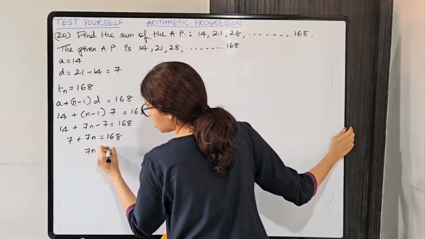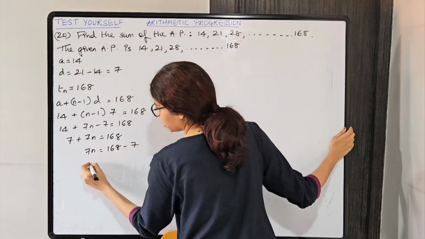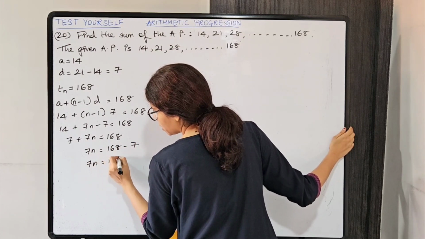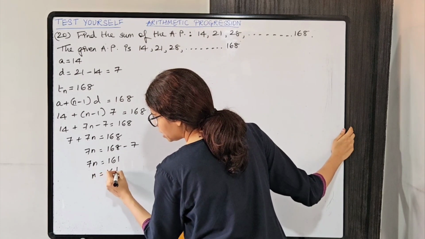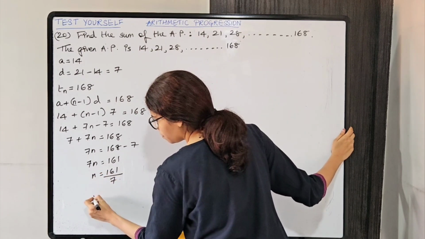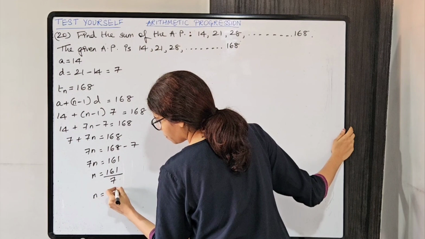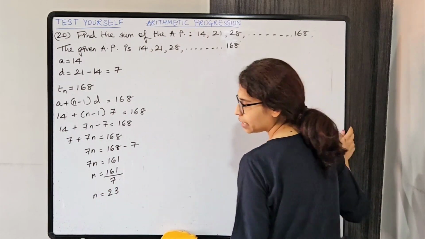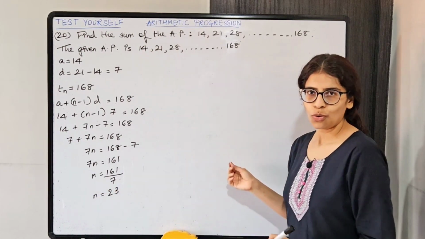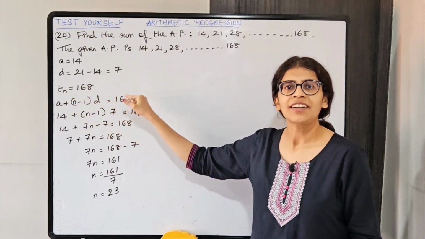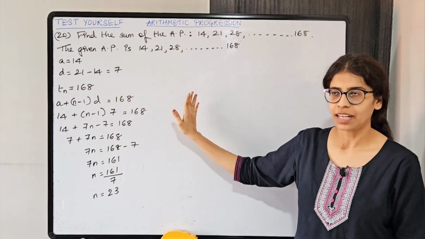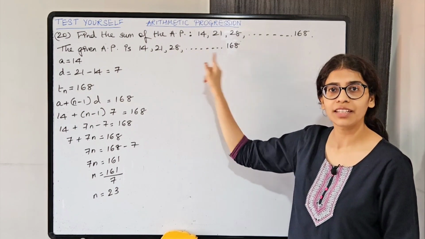So 7n is 168 minus 7, that is 161. Okay. So n is 161 by 7. Right. n मिलेगा 23. So nth term is 168. That is 23rd term is 168. Right. So 23 terms are there.